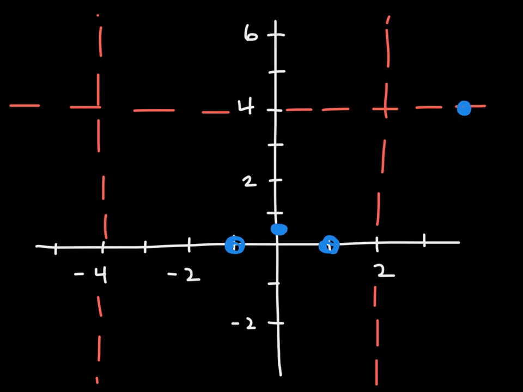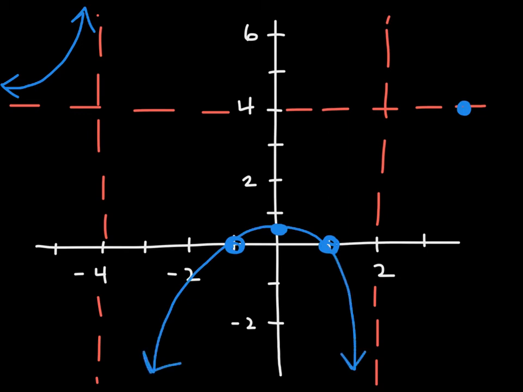Now, going left to right, the piece over here must be up here, because if it were down here, it would create another x-intercept, which you and I do not have. For the middle piece, it has to go through these 3 points and then go infinitely low, like that. And then for this piece up here, it cannot go through this point and then go down like that, because again, that would produce another x-intercept, which we do not have.